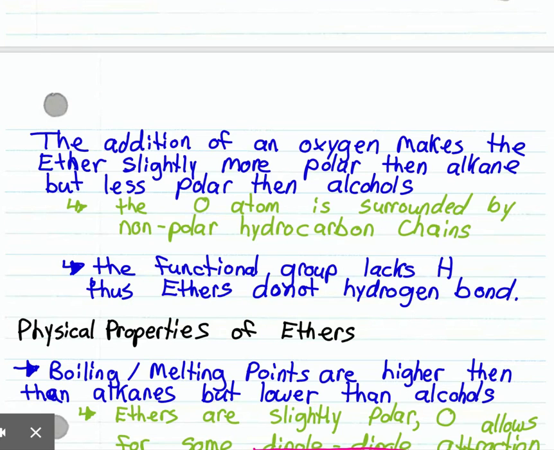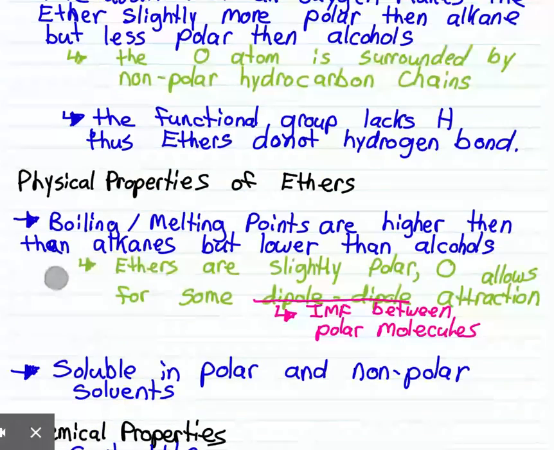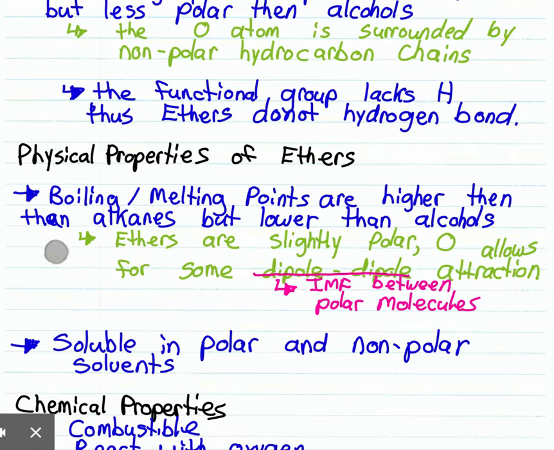So if we're going to look at some physical properties of our ethers, and I'll just scroll up so we can see them all here. The melting and boiling points are going to be significantly higher than alkanes, but they're lower than alcohols. Again, it's because this idea that the ether is slightly polar, and the oxygen allows for some dipole-dipole attraction, which, remember, that's the third type of intermolecular force that occurs between some polar molecules.